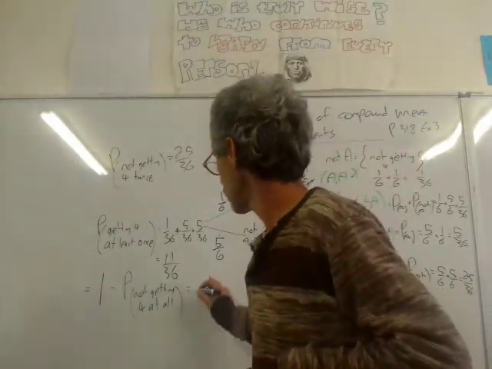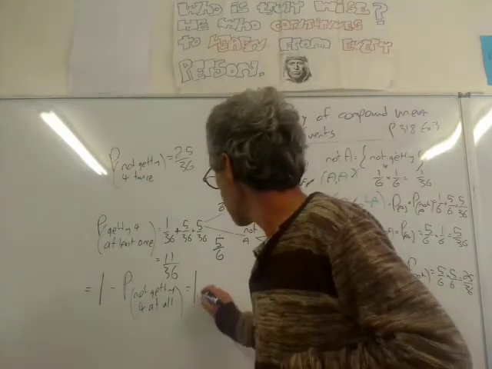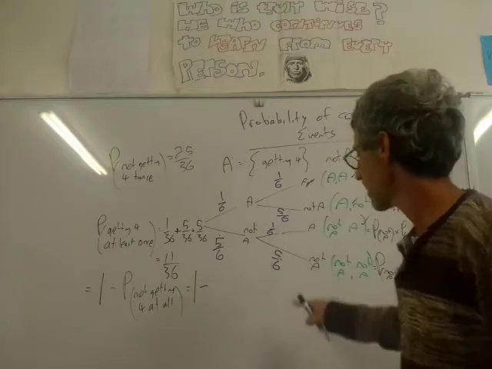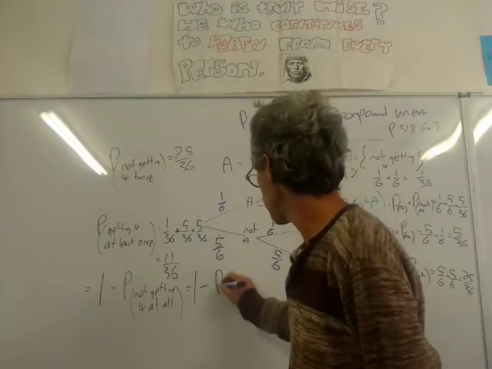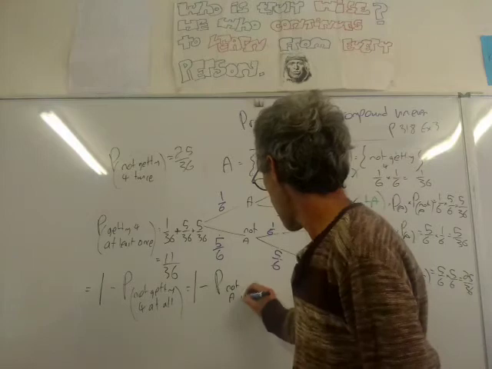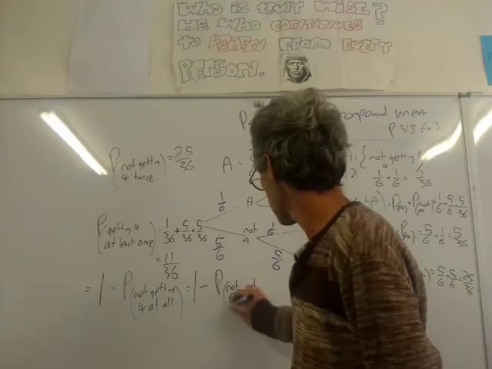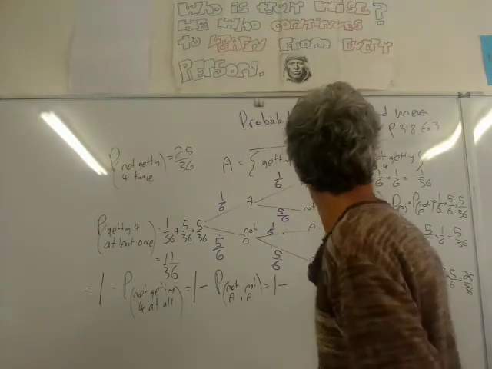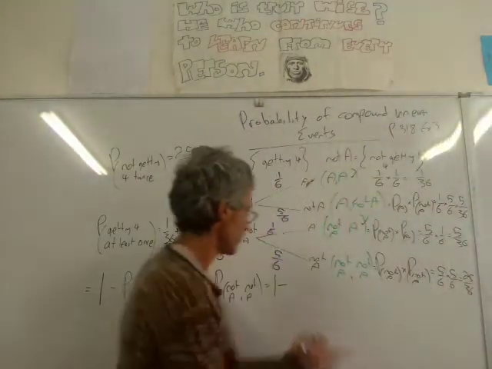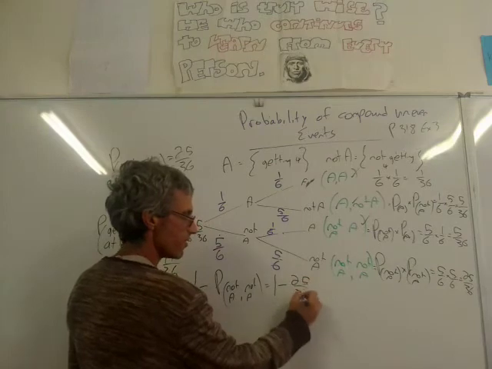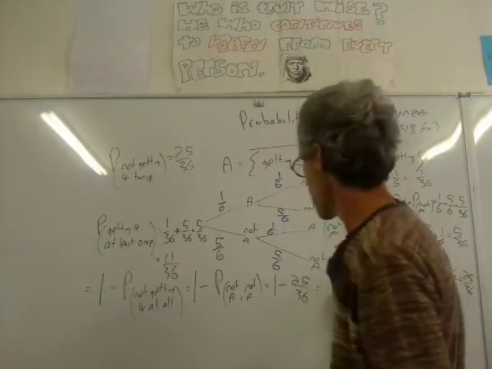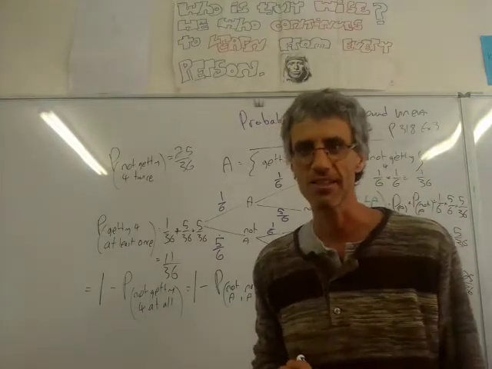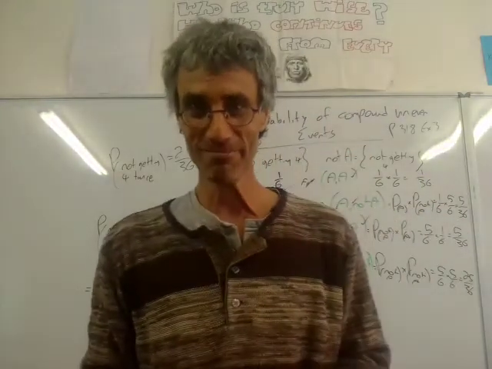So according to Professor Pupik, what I can do is 1 minus the one event that doesn't qualify. So that's going to be 1 minus the probability of having not A, and again not A, 2 times I didn't get 4. And that's going to be 1 minus the probability that says here, I'm just copying it from here, 25 over 36. And if you do that, you will find out the same result happening, 11 out of 36. Okay, guys?